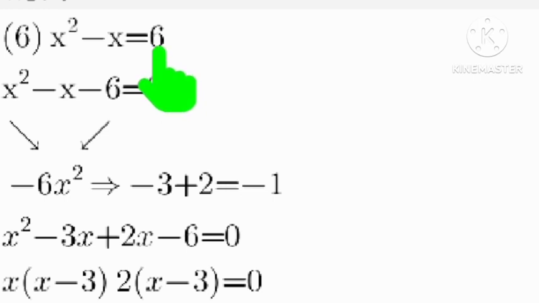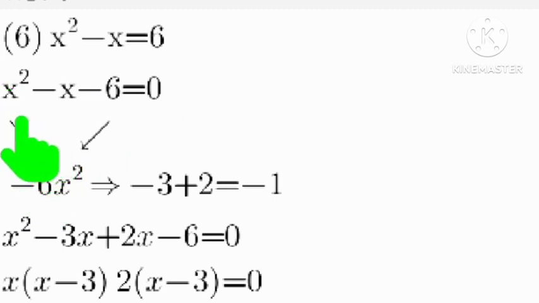So we have 6 as a positive sign here. Once it's crossing the equals to sign, it's going to turn to a negative sign. That's why we have s squared minus x minus 6 is equal to 0. We got minus 6 because the positive 6 here is crossing the equals to sign, and that will change it to negative 6.